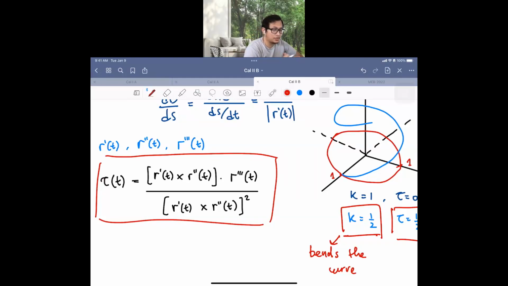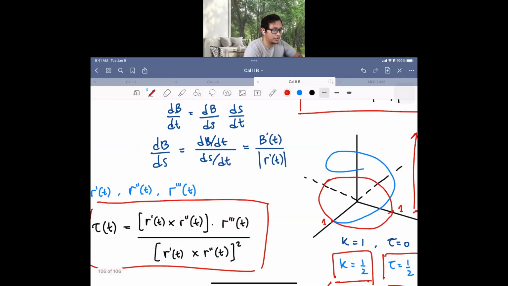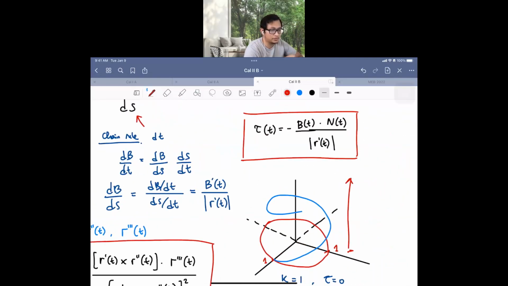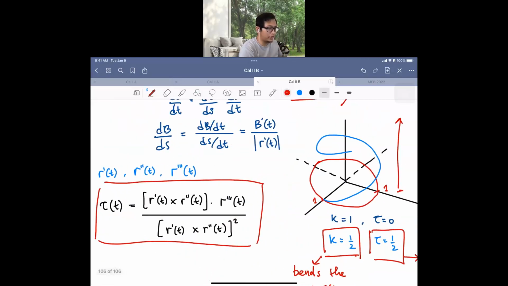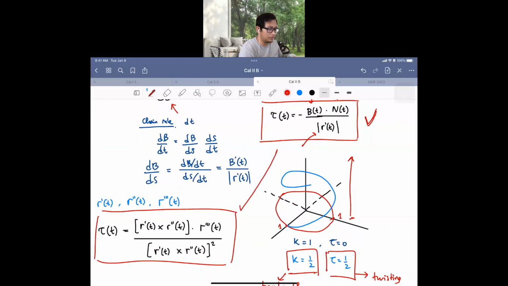For some cases, we can observe and analyze through this torsion formula, but in most cases we are going to have the first one here. This one is most likely to be analyzed because it's more about binormal, normal, and r prime. But this should be equivalent, should be equal with it.